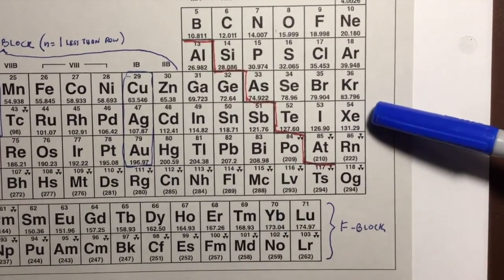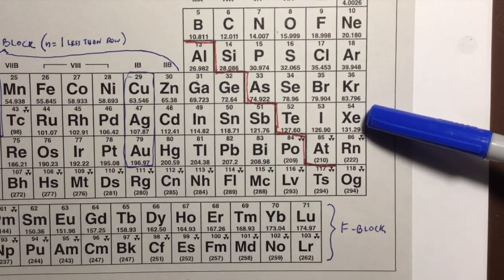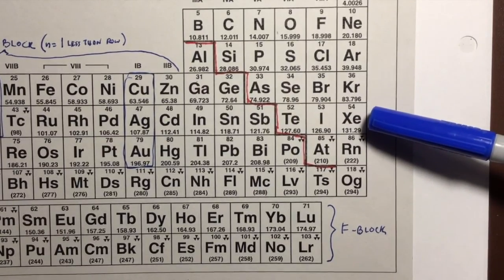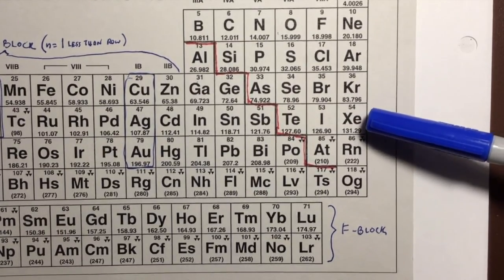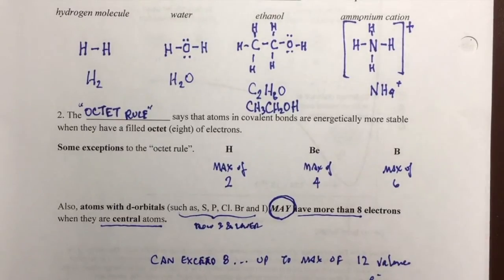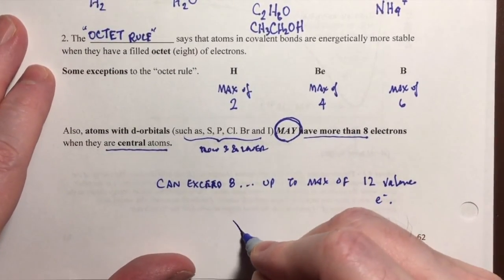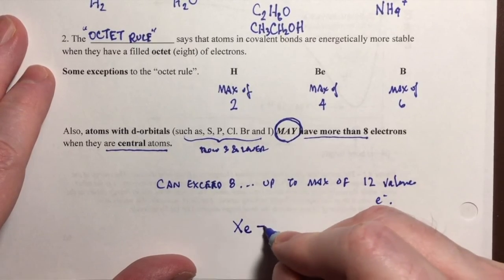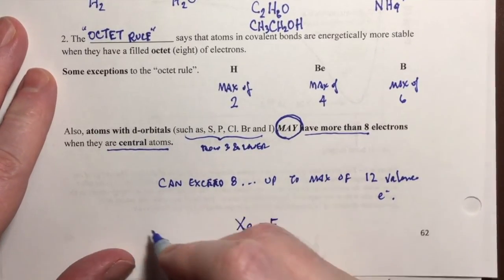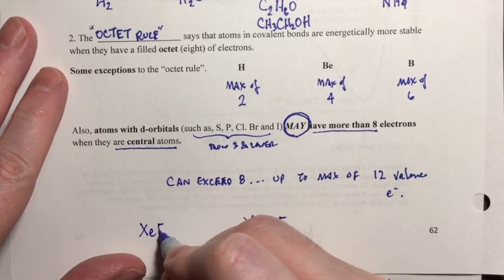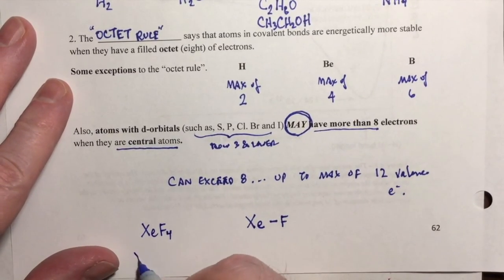You may recall an interesting molecule I shared with you a few videos ago when we were doing nomenclature, xenon tetrafluoride. I'm going to give you an example here. Xenon tetrafluoride.